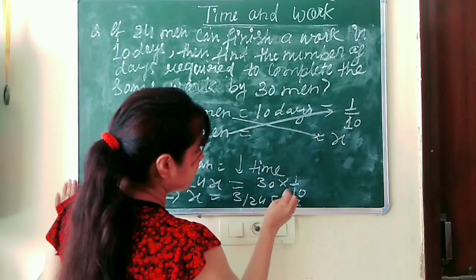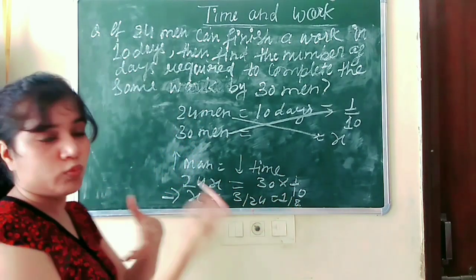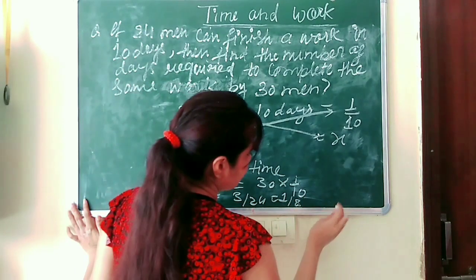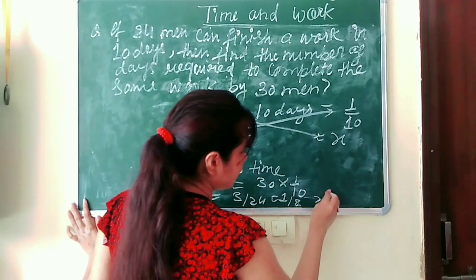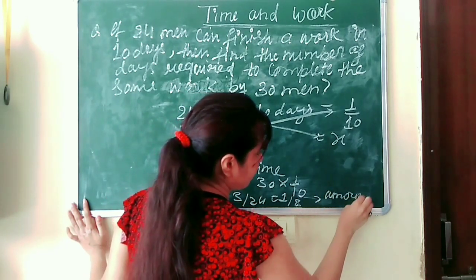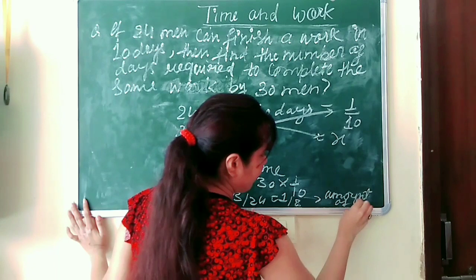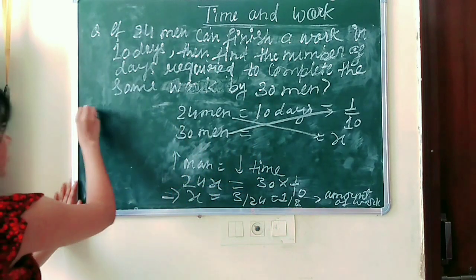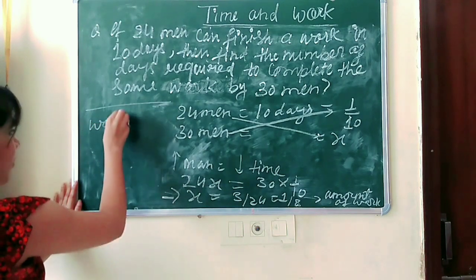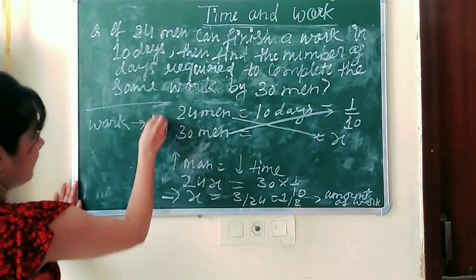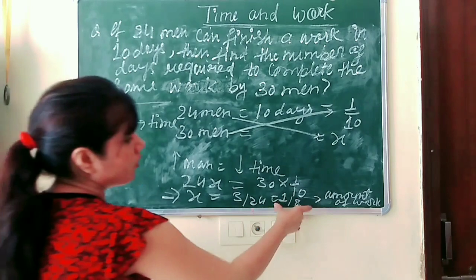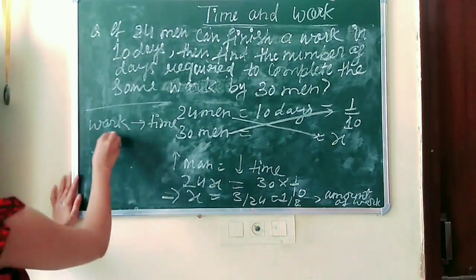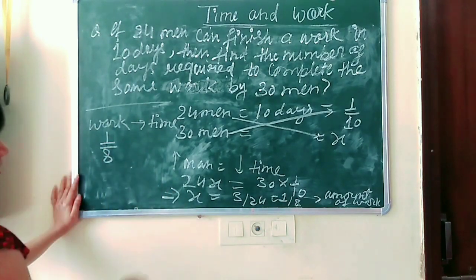So 1 by 8 is the amount of work in 1 day done by 30 men. This is the amount of work. Now from work we simply find the time. We know from work to time, we just invert the quantity. So 1 day work is 1 by 8 by 30 men.